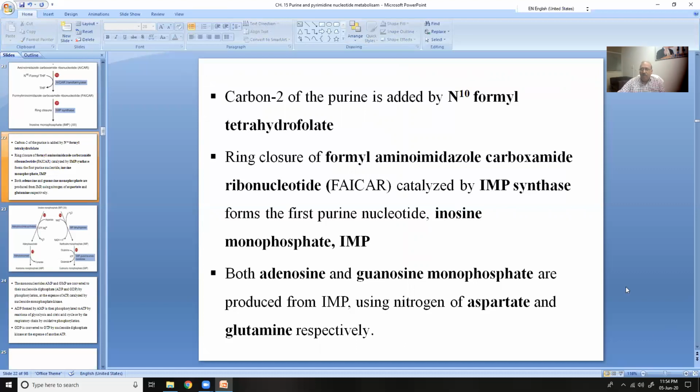So what I told you, that first base inosine was formed, and from inosine we can get adenosine and guanosine. Okay, so we got the inosine.